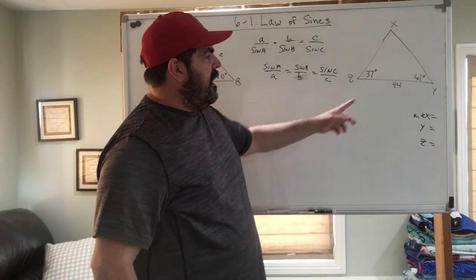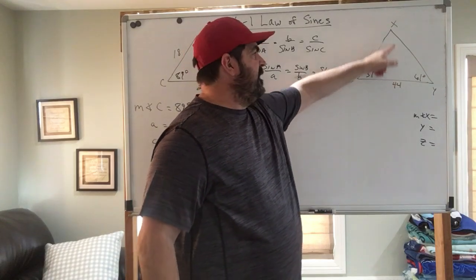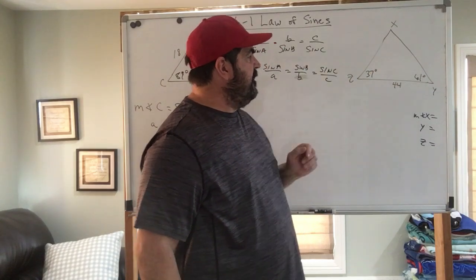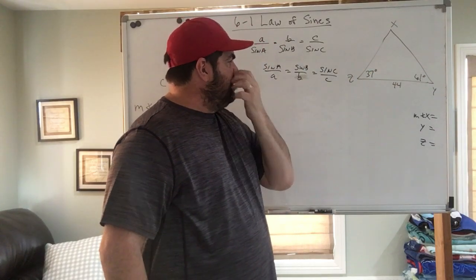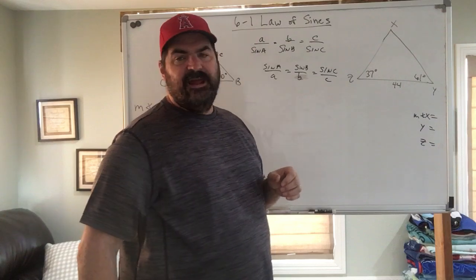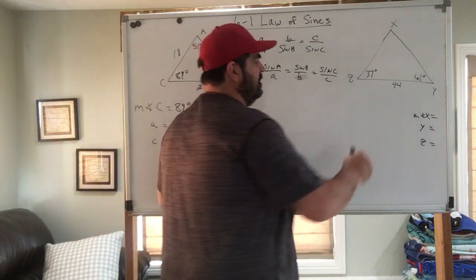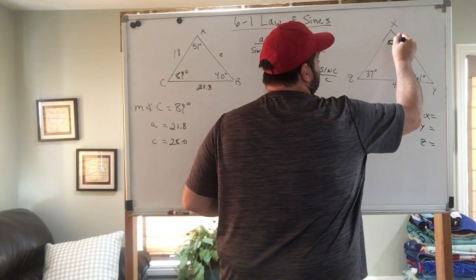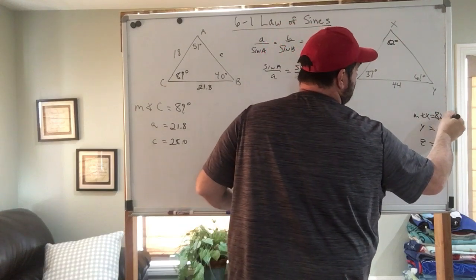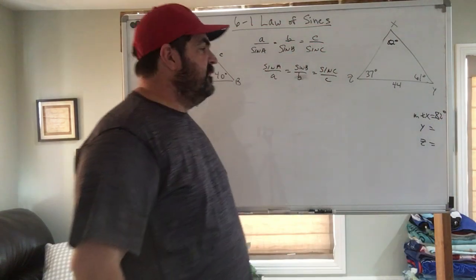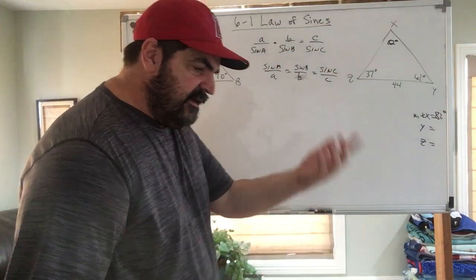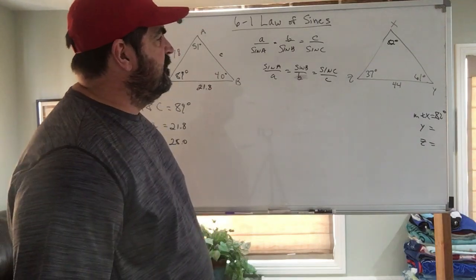So I have a side, but I don't have the angle across from it, but I can find it. If I add those two together, 37 and 61, we get 98. So there's 82 degrees left. So this one's 82. Sorry, I kind of scrunched it over there, but 82 degrees, and you can fill it in. I have that written in the notes also.